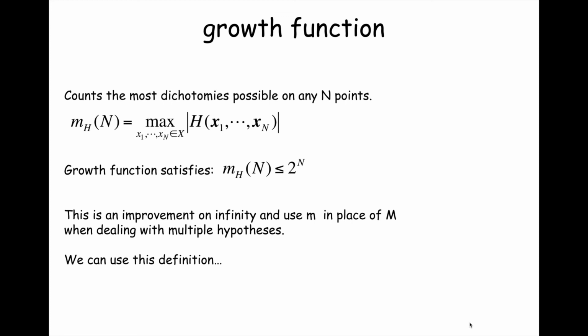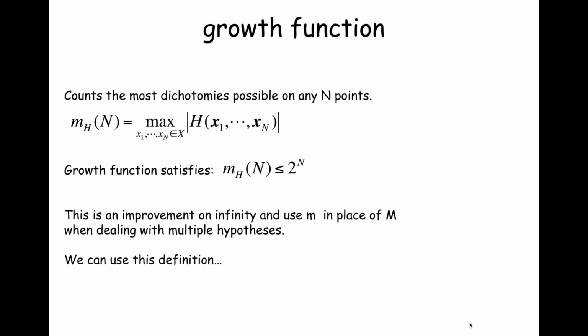They can be together, they can be in a straight line, they can be around a circle. It doesn't matter how they're organized geometrically in feature space. What matters is that you can find some arrangement of data, and given any arrangement of data, the maximum number of dichotomies, assignments of +1, -1 labels to n many data points. That's what the growth function is.